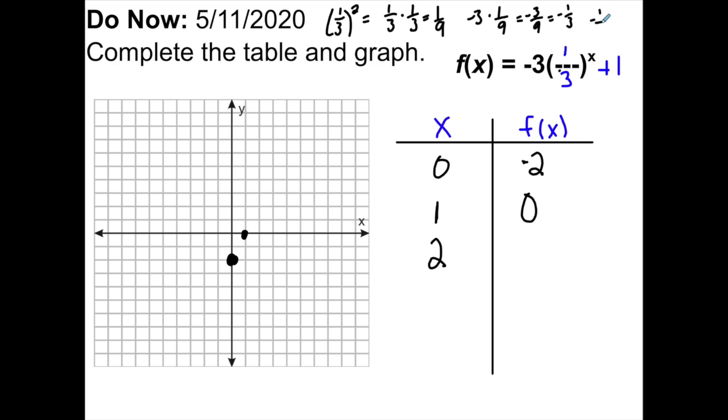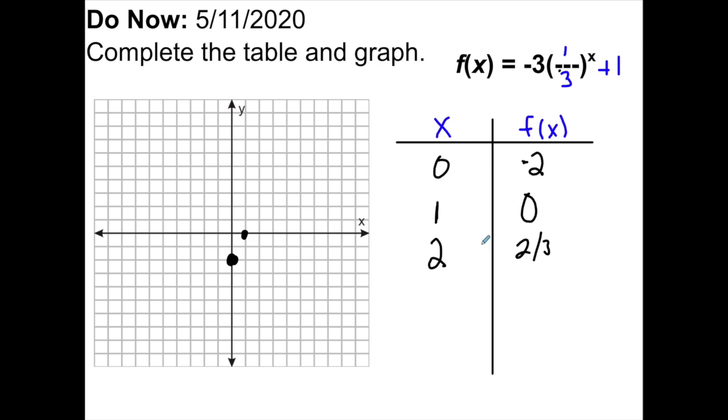And -1/3 plus 1 is equal to 2/3. You can think about taking one of the 1/3s off, breaking off a third and canceling it out with this third, and then you have 2/3 left. Or you could use your calculator to verify that as well. Interesting, so it's not a whole number anymore.